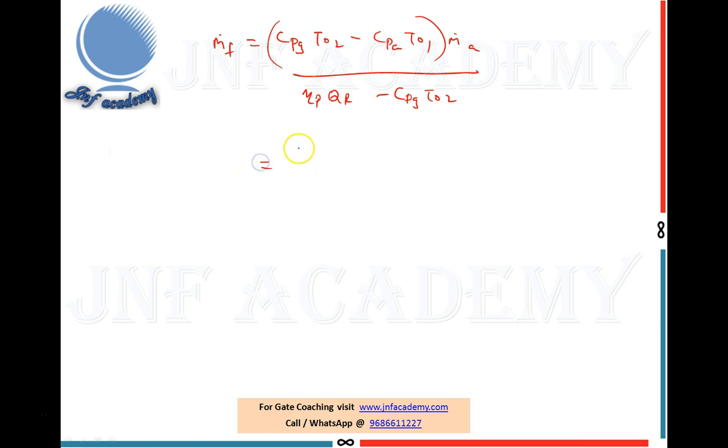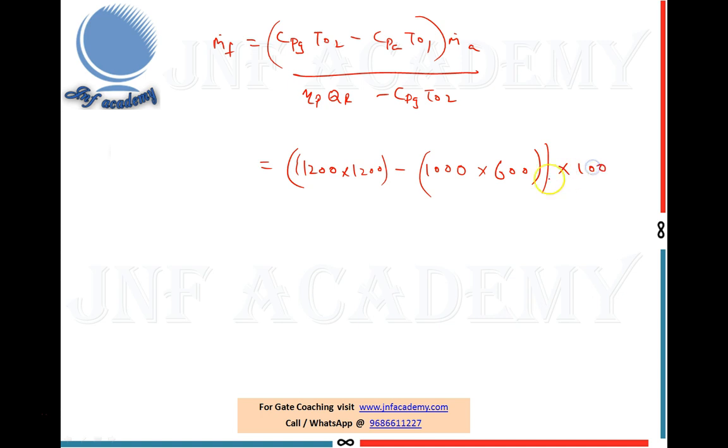If you substitute the values here, CPG is 1200, T02 is also 1200, minus CPA is 1000 into T01. What is T01? T01 is 600. That is also given. T01 is nothing but the inlet temperature of the combustor. Into m dot A.